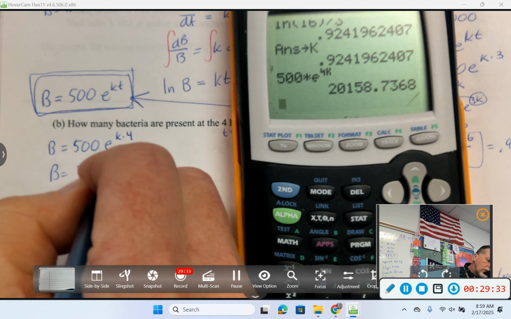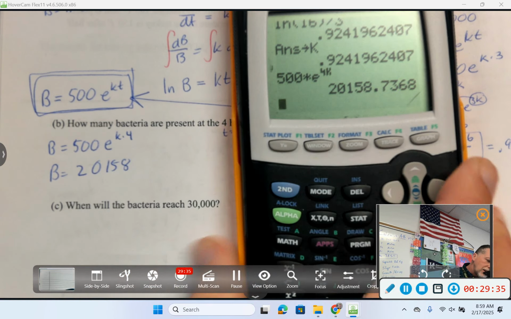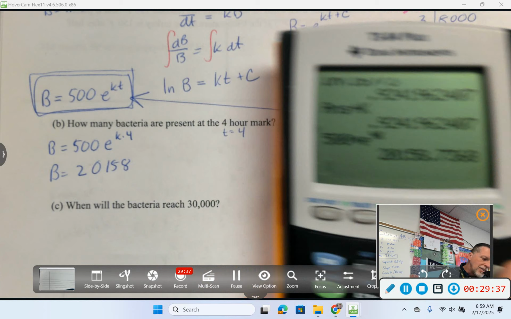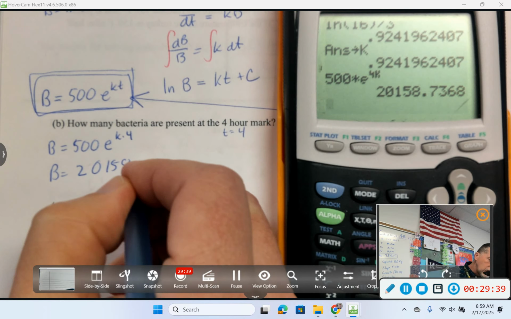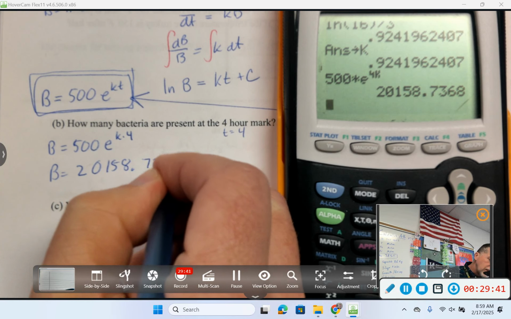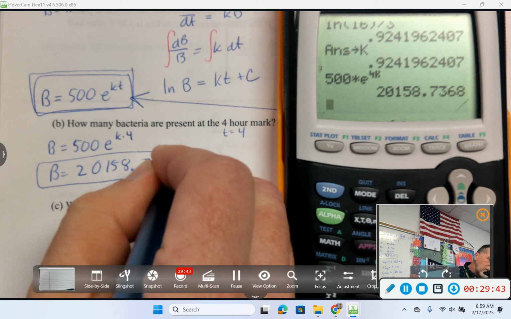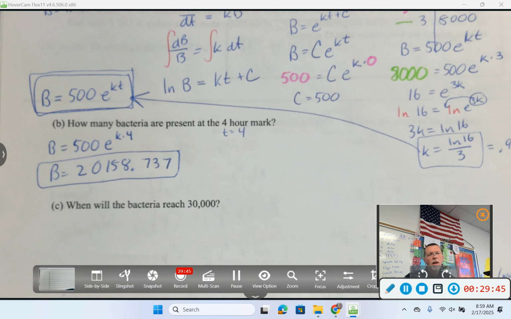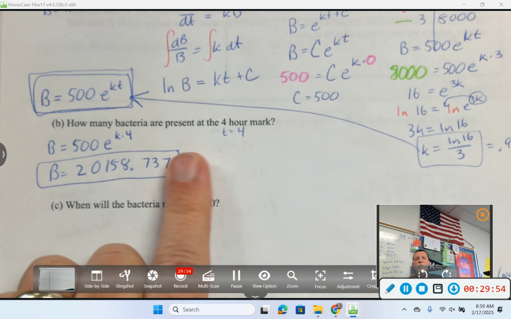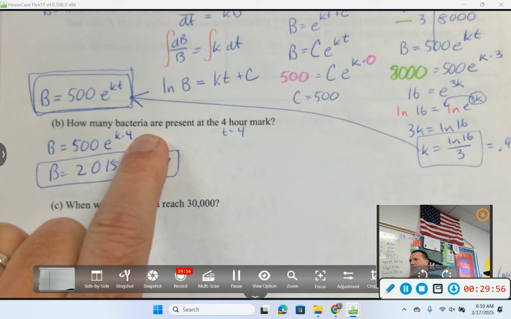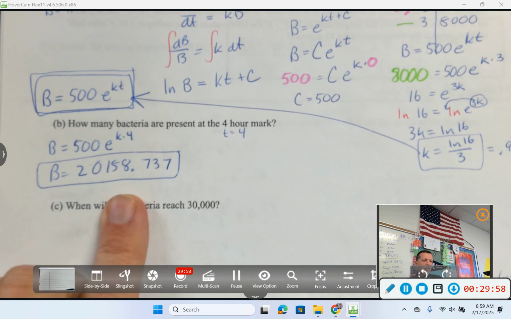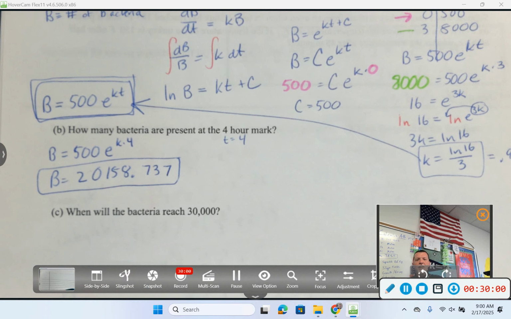So 20,158. And it didn't say round to the nearest one, so I guess we should round to 3, even though you can't have 0.737 bacteria. Again, AP test is almost always 3 decimal places, but on these population type problems, it will usually say something like to the nearest person or to the nearest bacteria, because 0.7 bacteria doesn't really make sense.